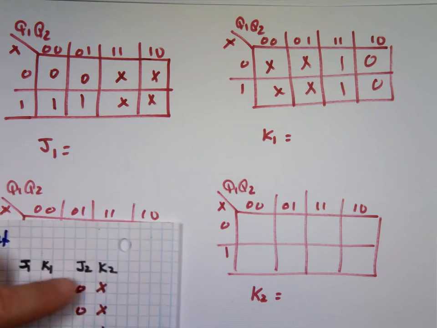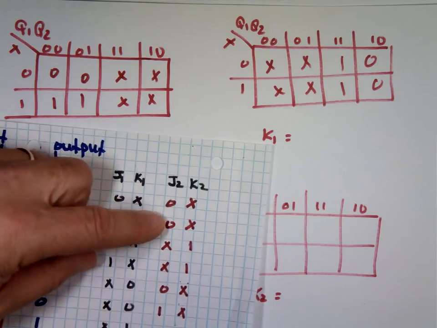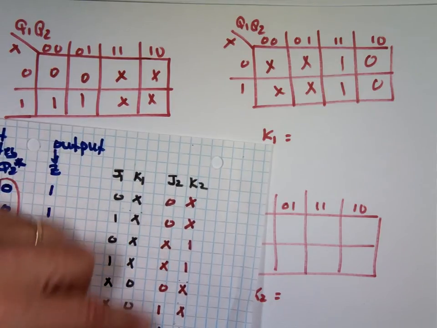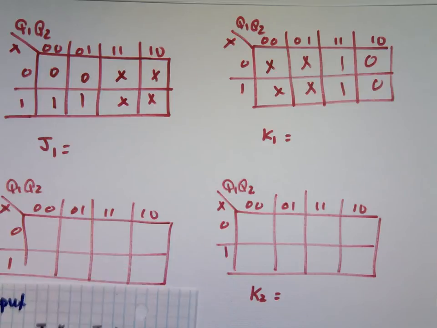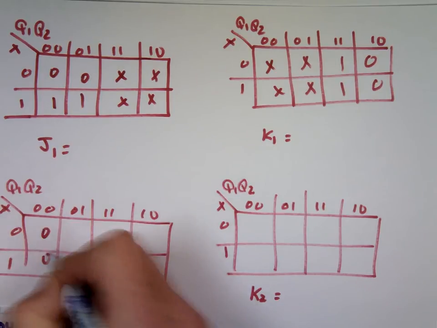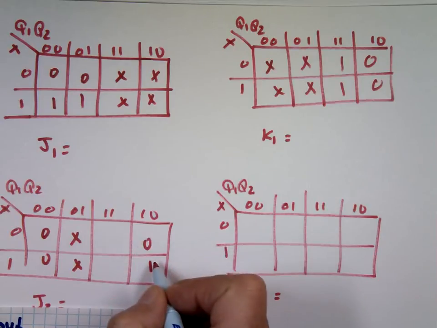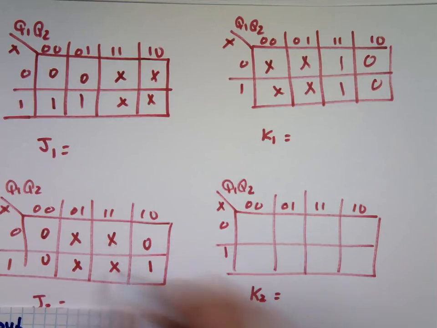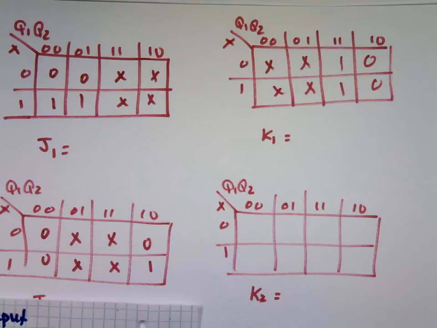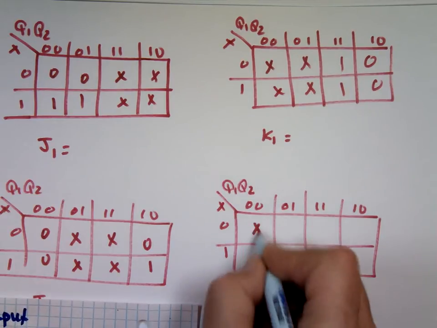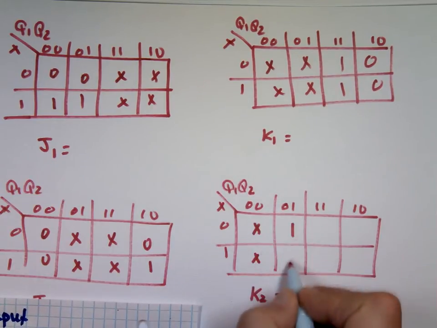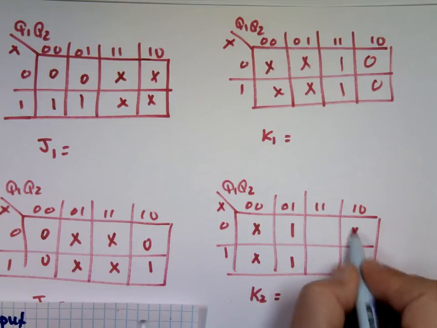J2, 0, 0, don't care, don't care, 0, 1, don't care, don't care. K2, don't care, don't care, 1, 1, don't care, don't care, 1, 0.